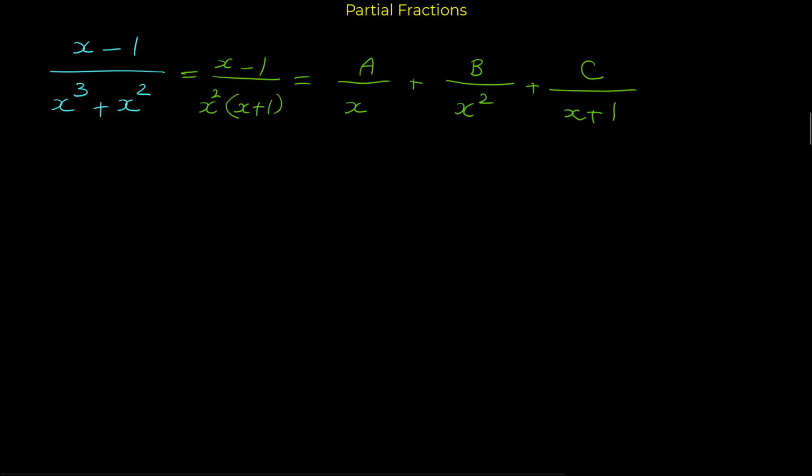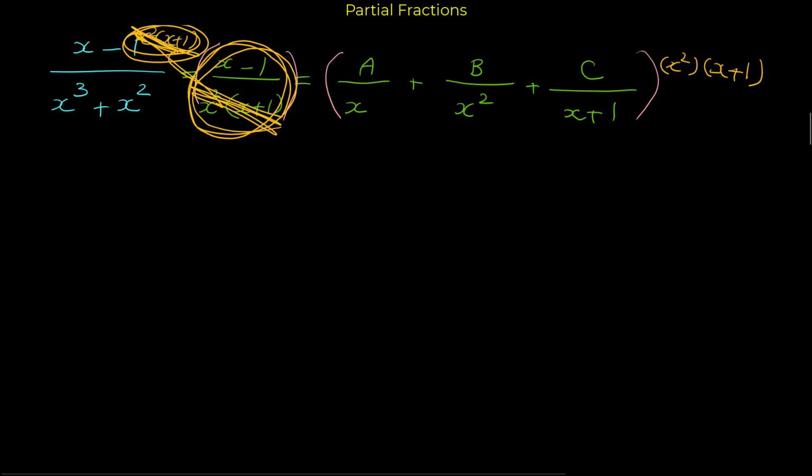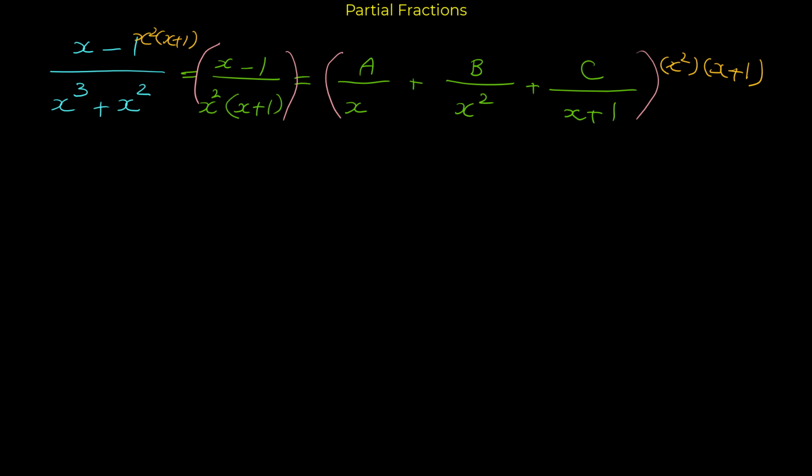So we multiply the left side by x squared times x plus 1, and also we multiply the right side by x squared times x plus 1. When we multiply this fraction here by this, the numerator and denominator cancel each other, so what remains is x minus 1.